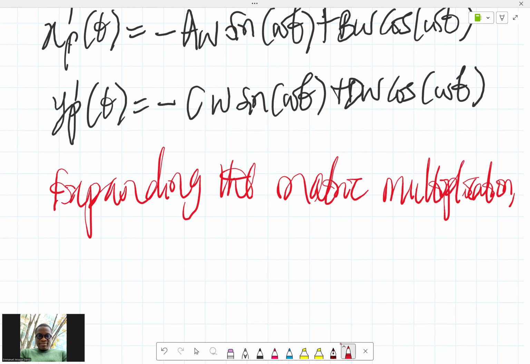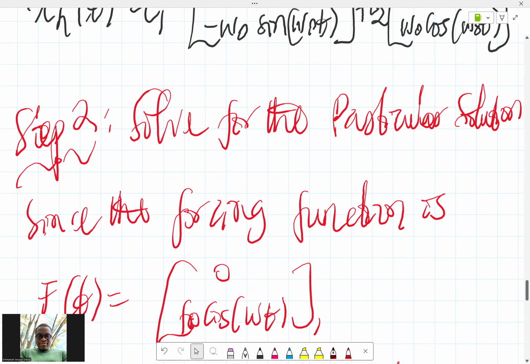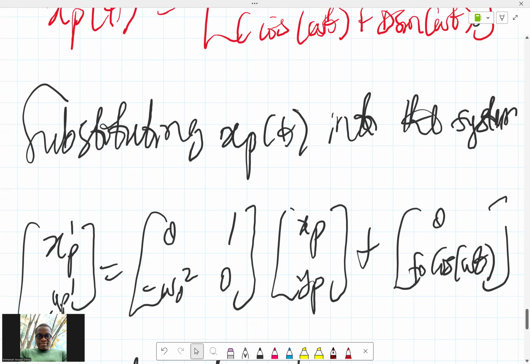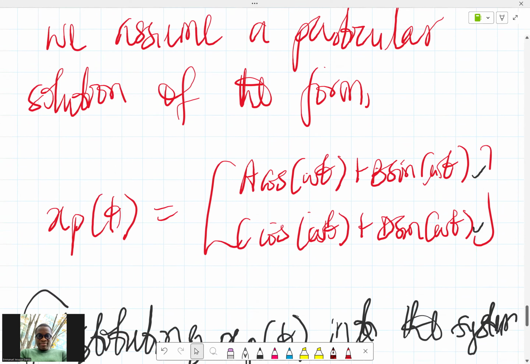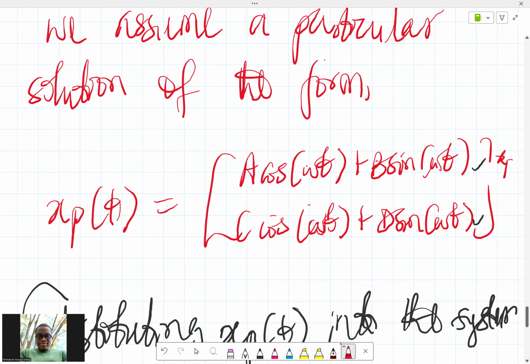especially this system we have rewritten, if we expand this system based on what we now have, xp has a value, yp has a value. By that, we simply mean that this is now xp and this is yp.